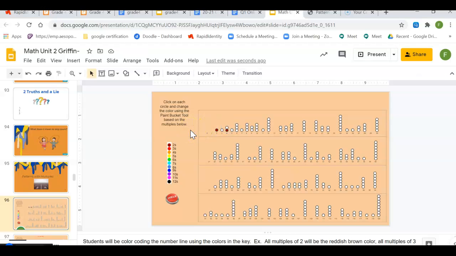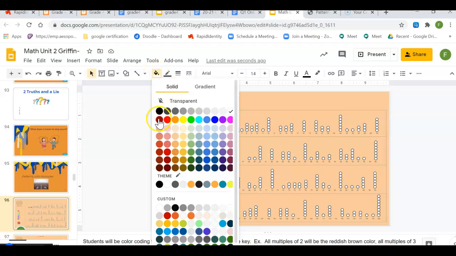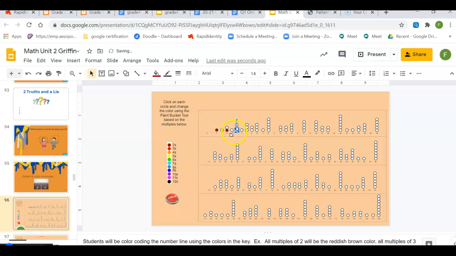Okay, so that's how you do all the multiples of 2. You figure out which ones are the multiples of 2, and then you need to click on the actual number line first. You click on that, and then the fill color will fill in. So you go on up and pick the color.